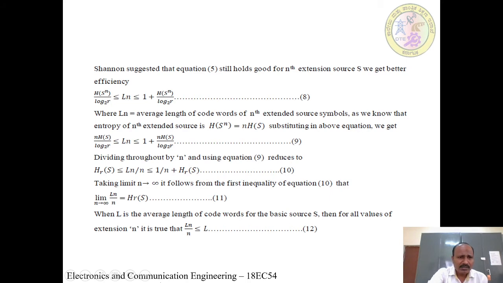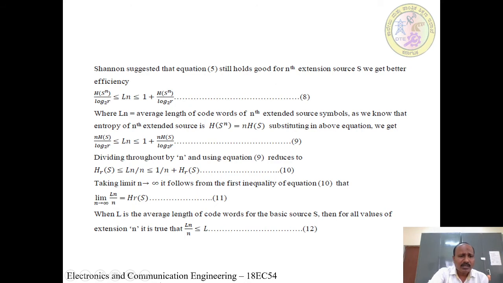Dividing throughout by n, we get H_r(S) is always less than or equal to L_n by n, which is less than or equal to 1 by n plus H_r(S). By considering the limit n tending to infinity from the first inequality in equation 10, we get the limit as n tends to infinity of L_n divided by n equal to H_r(S).